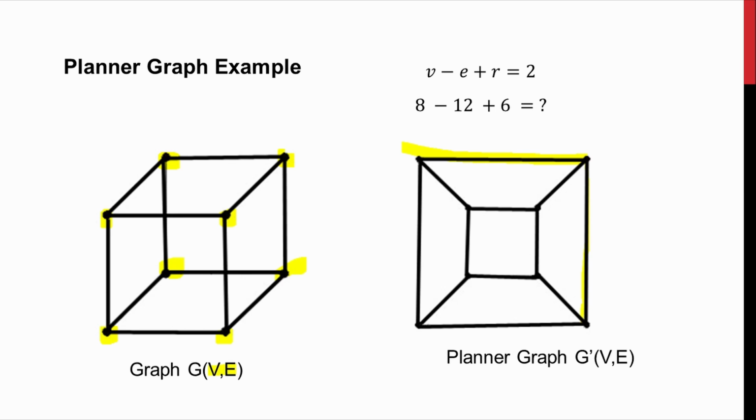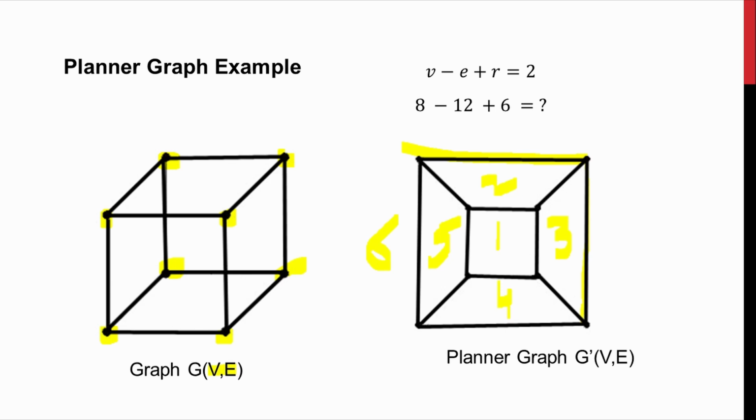By the Euler formula, first of all we know the number of regions. This is the first region, second, this is the third region, fourth, fifth, and sixth region. So there are a total of 6 regions, with 5 bounded regions and 1 unbounded region.